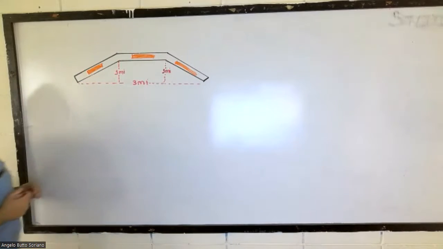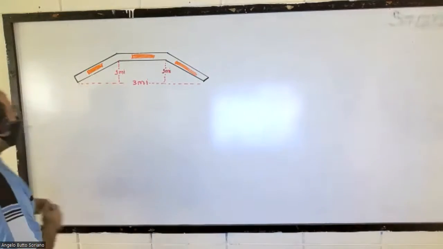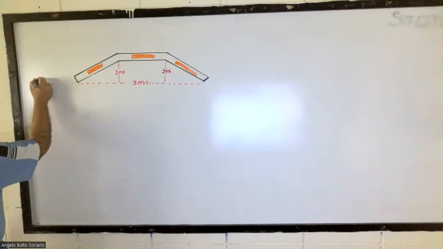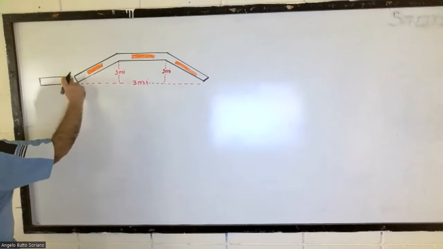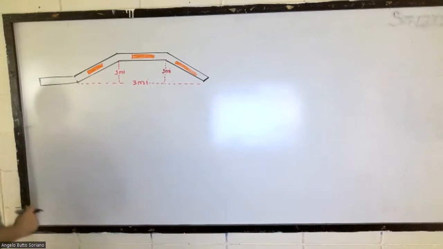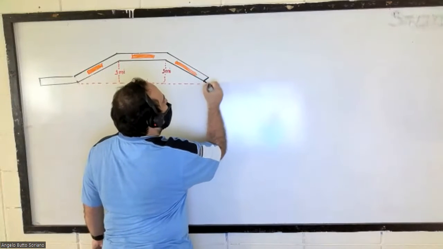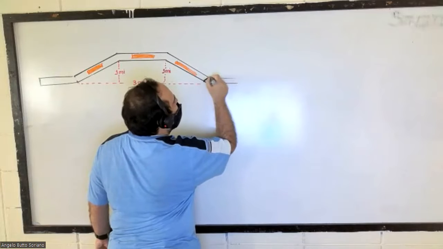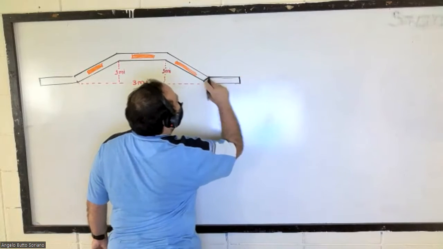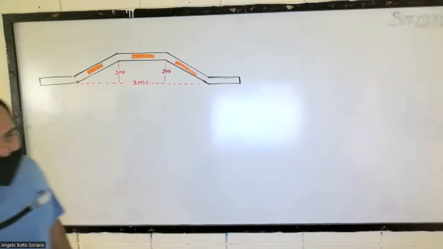So the next thing that we have, if I remember, according to this highway, we have a horizontal line here. Más o menos iba así. And we have another one, just like this one. Okay?